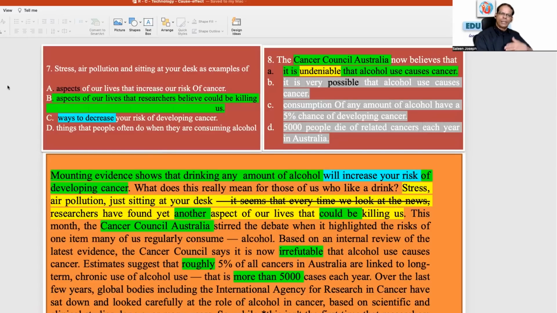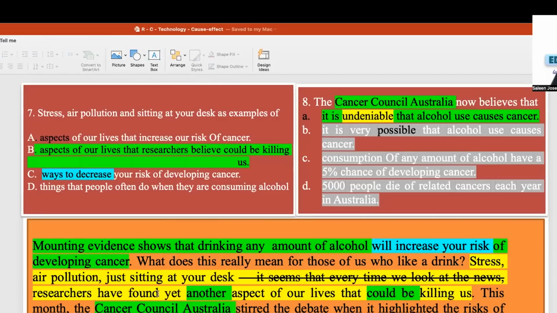Or it is also a sort of a sequential expression. First one, second one, third one. Okay. And also, they said researchers have found. Then here it says researchers believe. Stress, pollution. That can also be taken. Researchers have found.